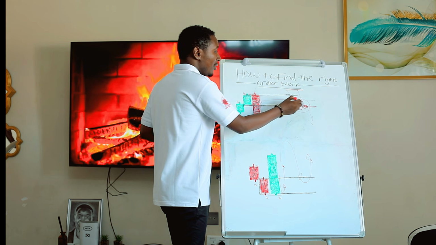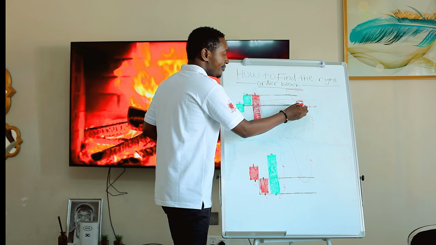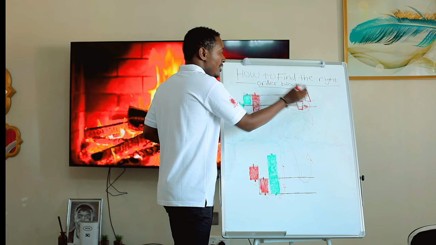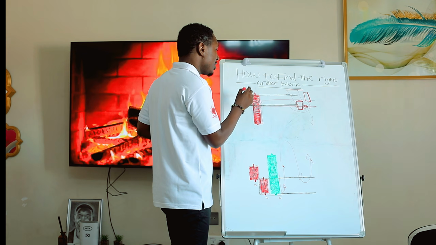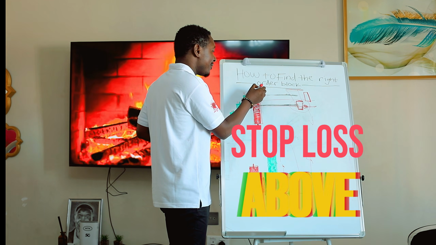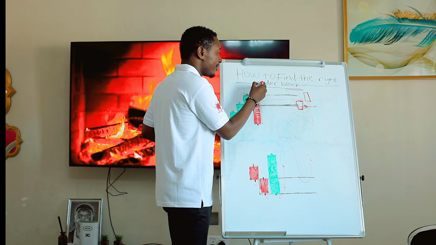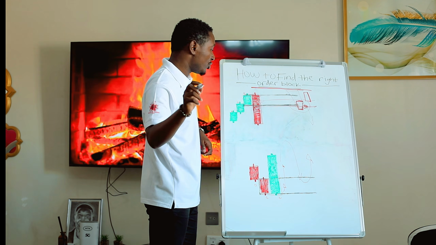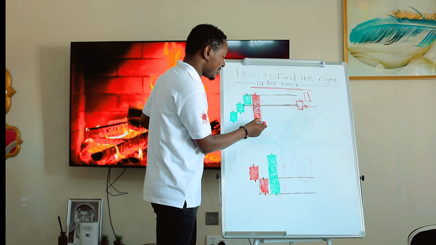For example, on this example, if the price breaks, you ought at least to put your stop loss above this area. And if you need to put your TP, it should start from here.